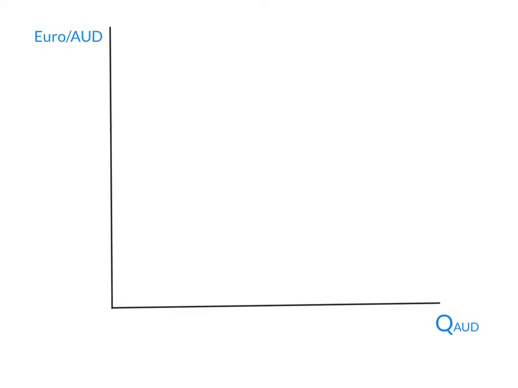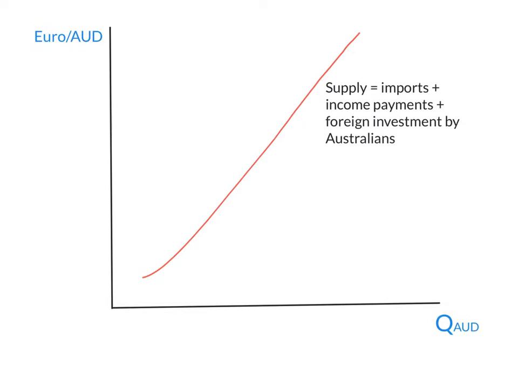What about supply? Well, here we have our red supply curve for Australian dollars, and of course it's simply equal to imports plus income payments plus foreign investment by Australians. But does this derived supply curve actually slope up? Let's look at imports.